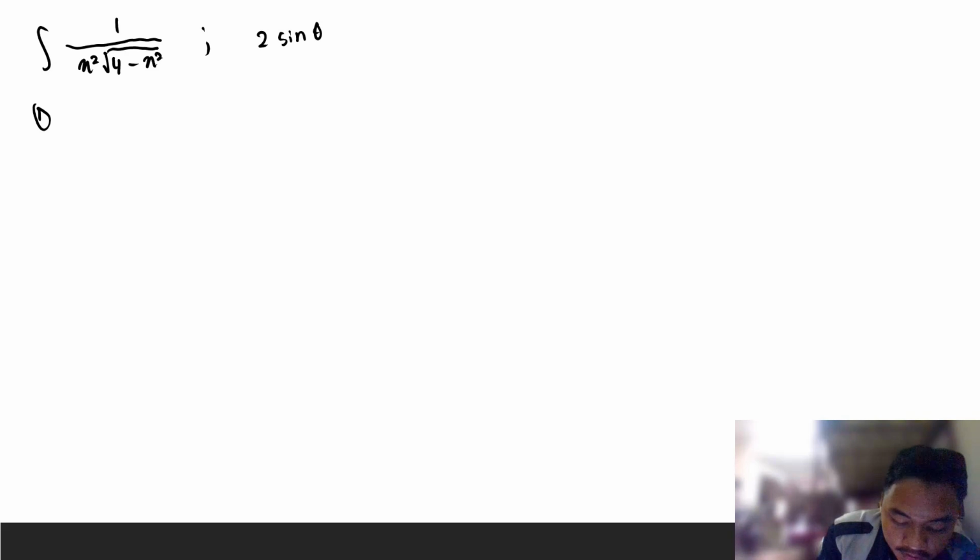First step, as the question gave trigonometric substitution, I use the trigonometric substitution method to solve this integration. First step is to identify the x that is given in the question, that is x equals 2 sine theta.